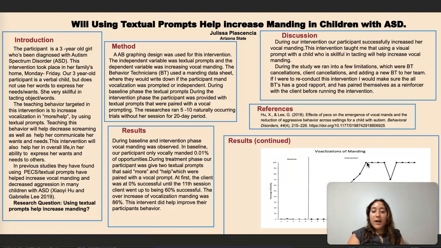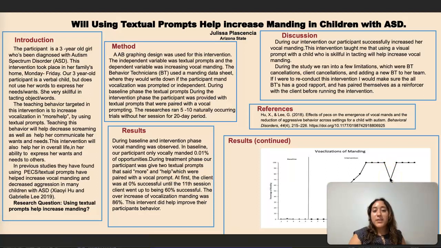She did have a spike down to 70% during one of her sessions, and that was because she had a new BT join her team. I just think this BT didn't have enough time to pair themselves as a reinforcer and build that rapport with this kiddo, and that's why we saw a spike down.